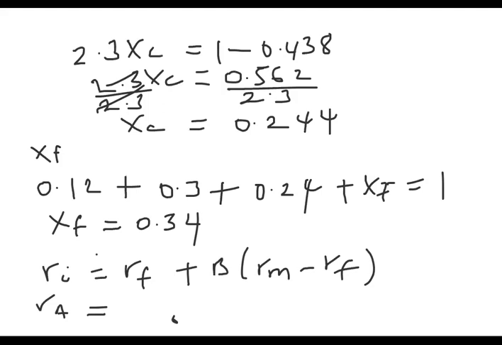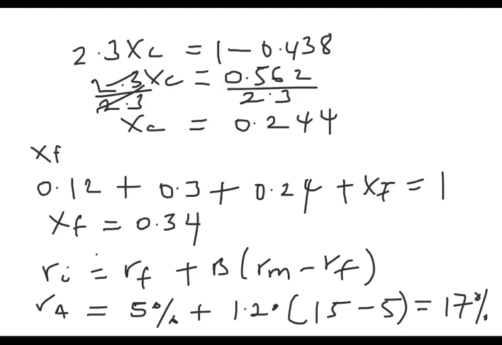And what is the beta of A, which is 1.20, multiplied by RM. The market rate is 15% minus 5. And this gives you 5 plus 1.2 into brackets 15 minus 5, and that gives you 17%.